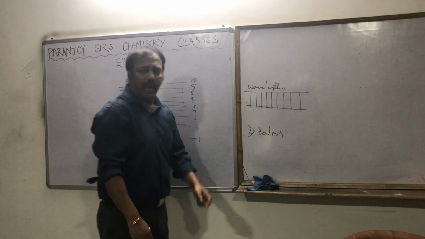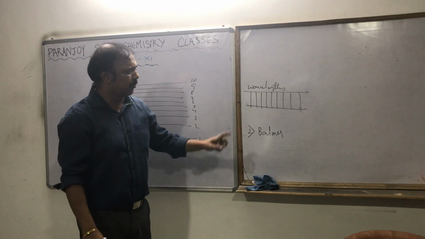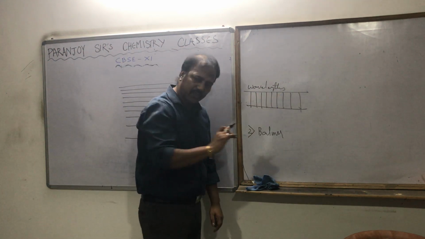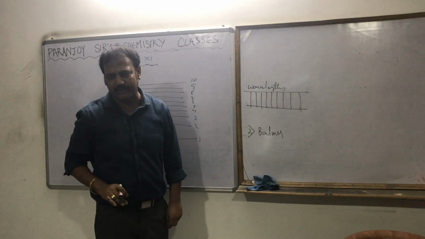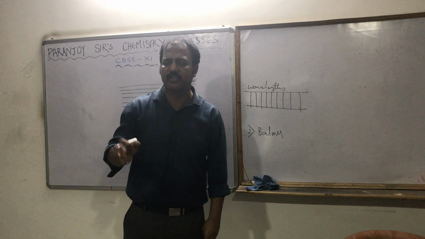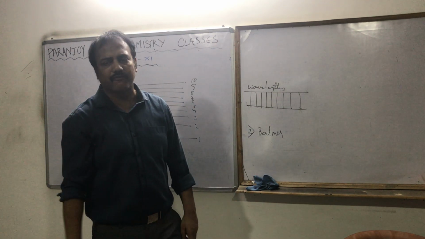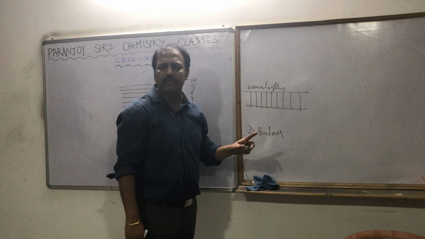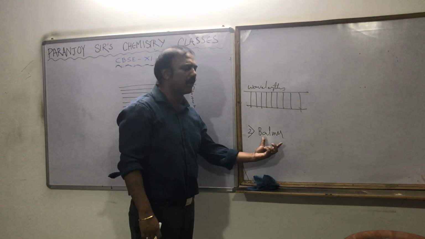This whole spectrum consists of 5 series, 5 categories of spectral lines, 5 categories of energy. Out of these 5 categories, the first was discovered by Balmer.